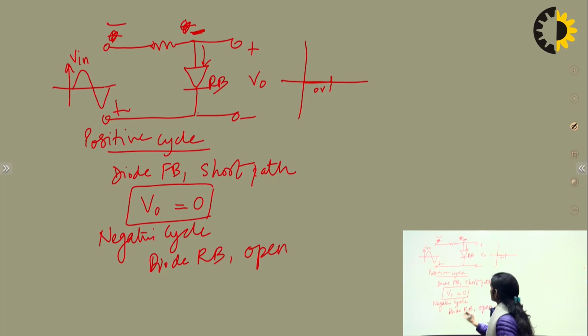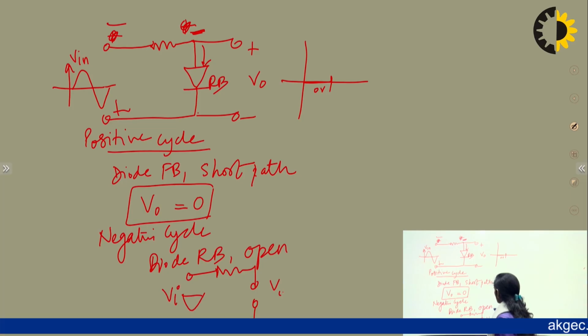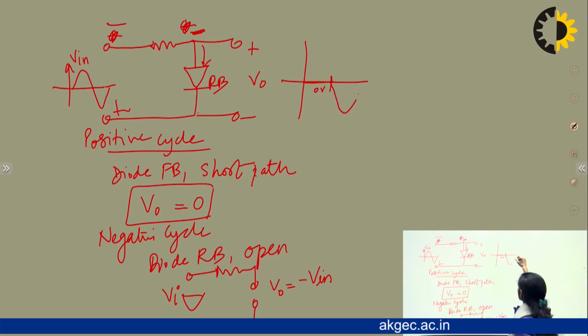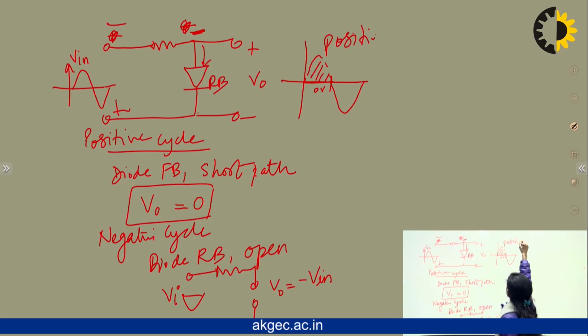For the open circuit, we have this much voltage in the input Vi, that means the negative cycle is coming here. So Vout will also be equal to the negative cycle input. That means Vout will be equal to minus V. So we have obtained here only the negative cycle. So we can say here the positive cycle is clipped. So this is called a positive clipper circuit.